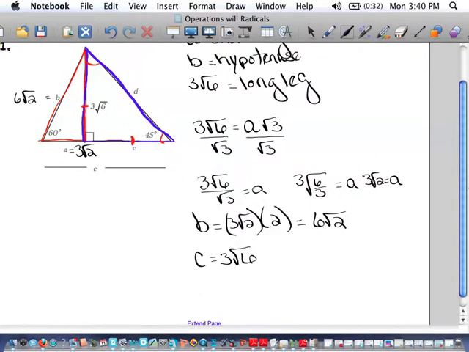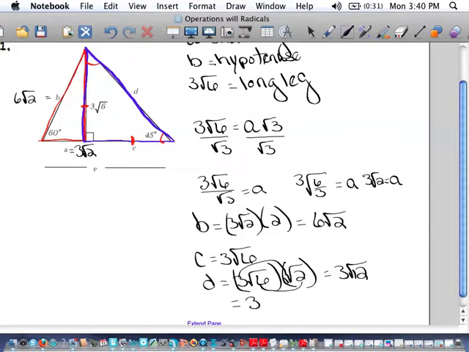The hypotenuse, D, is equal to the length of the leg, 3 square root of 6, times the square root of 2. And again, remember, we're going to multiply the numbers out front together. There's a 1 there, and then the radicands together. So that's going to give me 3 square root of 12. Now, in this case, I recognize that 12 can be simplified.